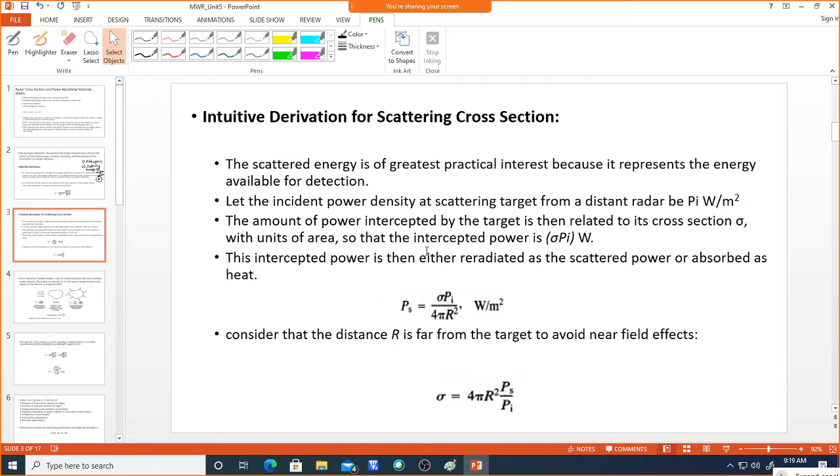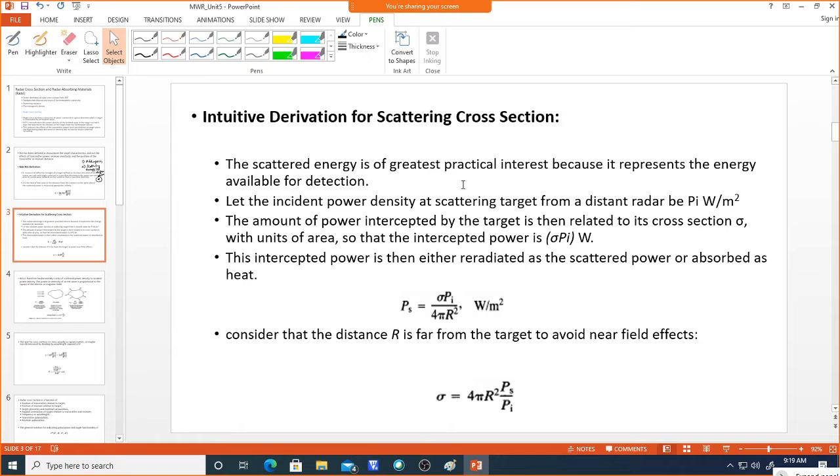Now let us derive how the radar cross section comes, how we can find out the radar cross section in terms of different powers, that is the scattered power and the incident power. The scattered energy is of greatest practical interest because it represents the energy available for detection.